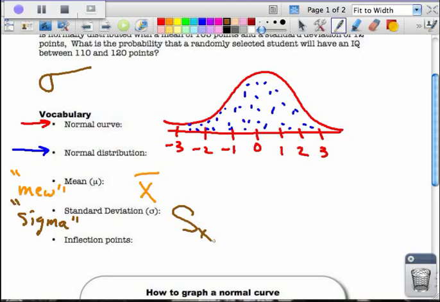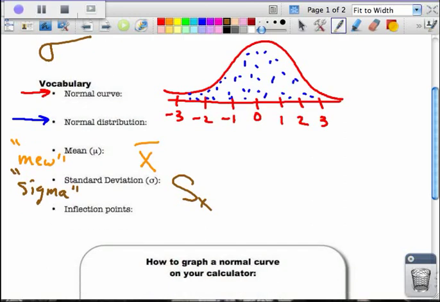So 1 is 1 sigma or 1 standard deviation away from 0. 2 is 2 sigmas or 2 standard deviations away from 0. -1 is 1 standard deviation but to the left, going in the negative direction. So it's 1 standard deviation below the mean. This is 1 standard deviation above the mean. And on our calculator again, that's the sx thing. Okay?